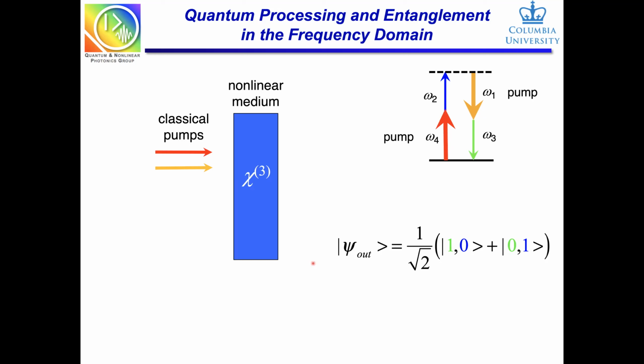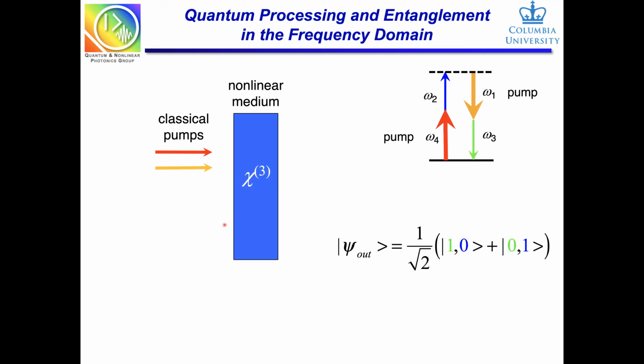It's based on a parametric nonlinear process called four-wave mixing. You have a third-order nonlinear medium, and we choose to use a third-order nonlinear medium because a lot of nonlinear photonics platforms, like silicon nitride and silicon, all have chi3 but don't have chi2. So we're going to focus on chi3 here. What you do is you take two pump waves and inject them into your chi3 medium, and it turns out that forms a beam splitter in the frequency domain.